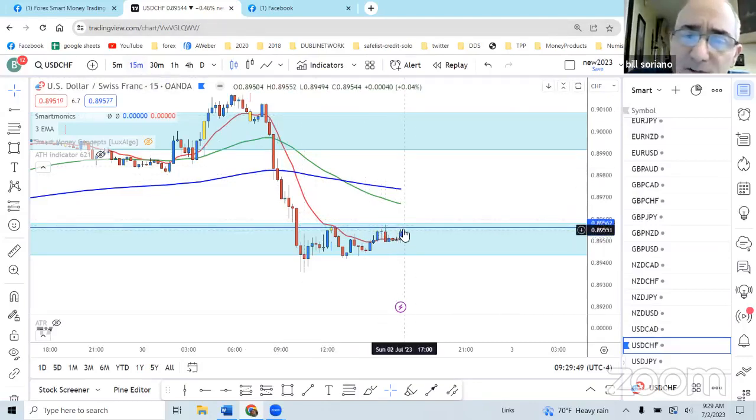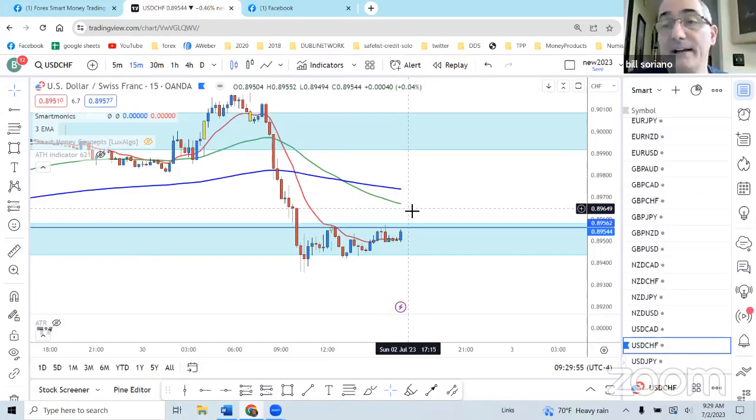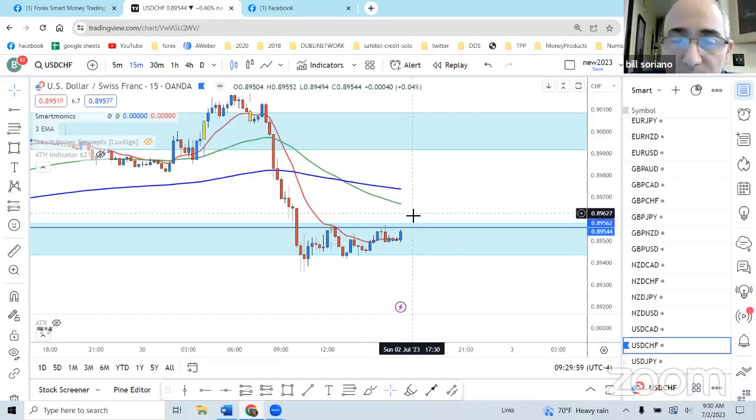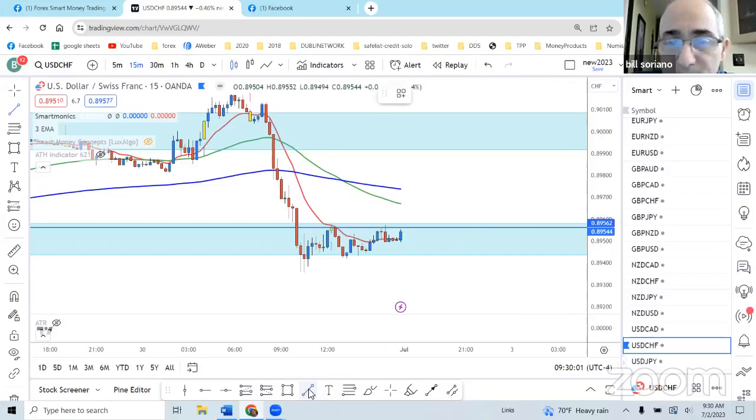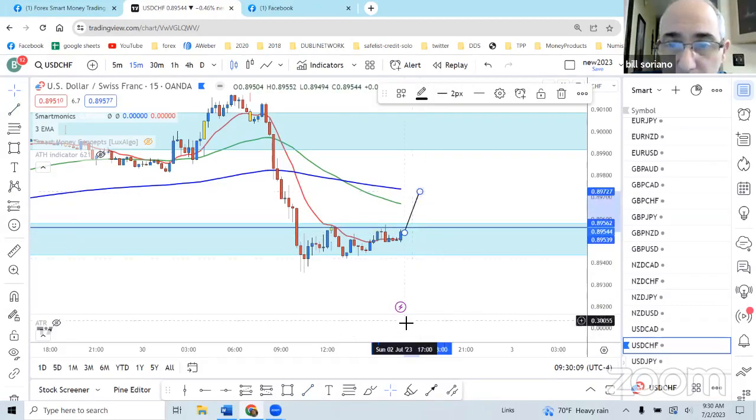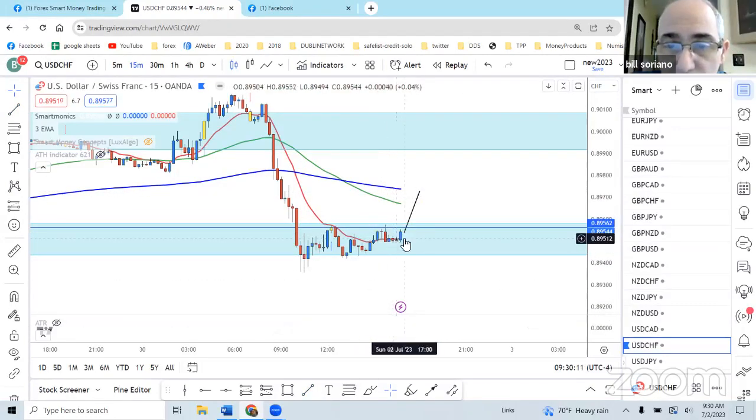We need price to break structure here to the upside to tell us that it's getting ready to switch. Okay, and so once we would get that break of structure to the upside in this, then we would be able to identify this order block down here, right?